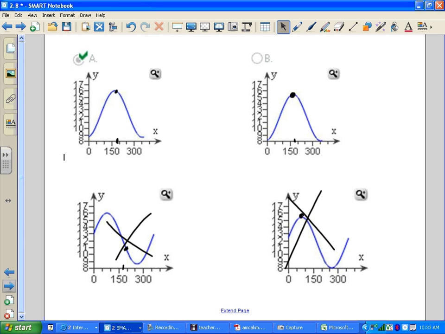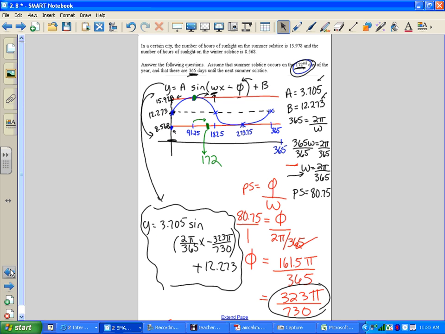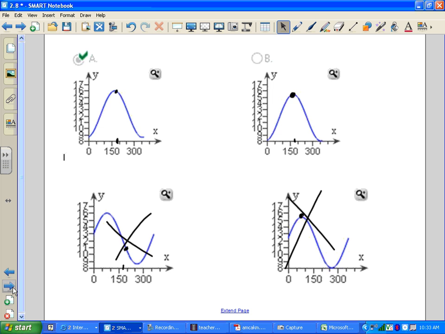Now, if you'll go back and remember the amplitude is what's going to help me on the other one. The amplitude goes from about 8.5 to 16. So 8.5 to 16 here.